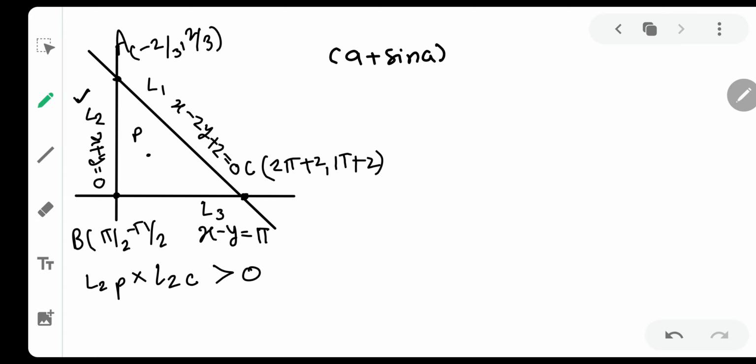Now I have to substitute the point C. So that will be 2 pi plus 2 as x plus pi plus 2. This is the x coordinate of P, this is the y coordinate of P, x plus y, and the line also says x plus y. This is the x coordinate of C and this is the y coordinate of C. This should be greater than 0.